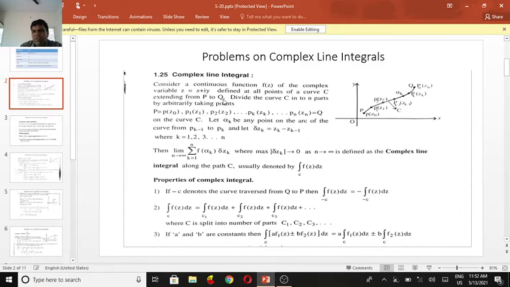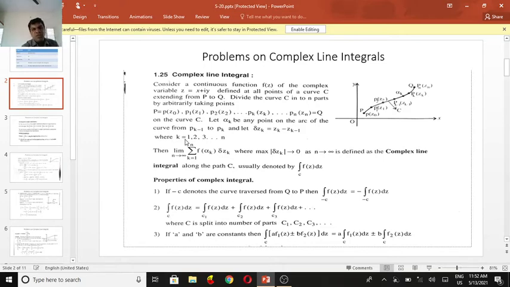Extending from P to Q, divide the curve C into n parts by arbitrarily taking points. Denote P equal to P of Z1, P1 of Z1, P2 of Z2, Pk of Zk, etc., Pn of Zn equal to Q on the curve C. Let alpha k be any point on the arc of the curve from pk minus 1 to pk.